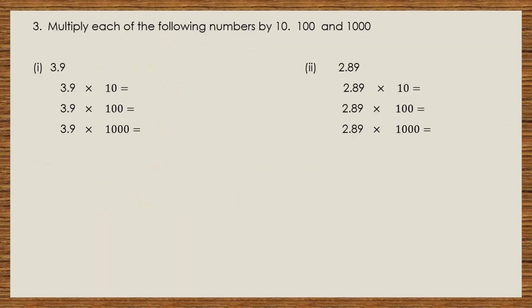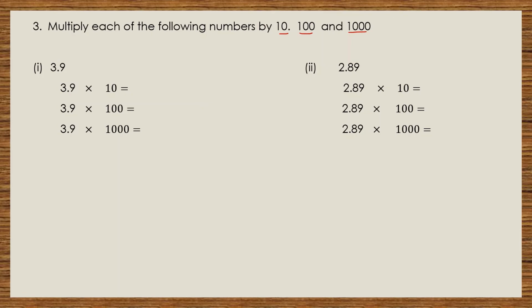Okay, now this is a different kind of question. Multiply each of the following numbers by 10, 100 and 1000. Now, when you multiply a normal whole number by 10, what do we do? We add a 0. When you multiply it by 100, you add 2 zeros. When you multiply a whole number by 1000, you add 3 zeros.